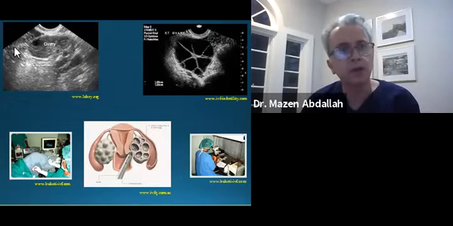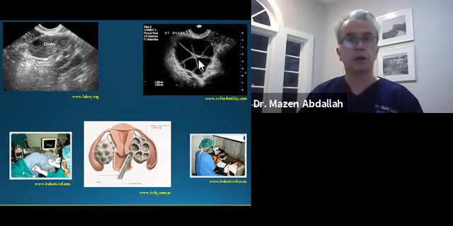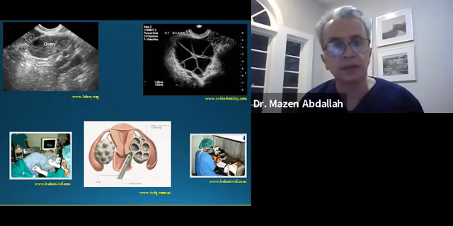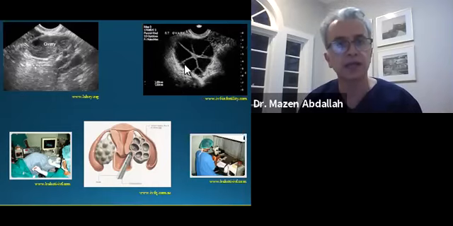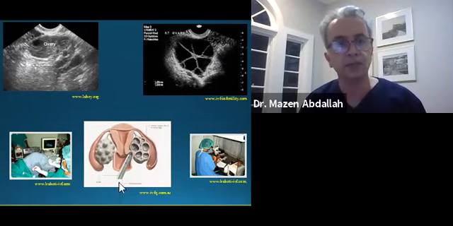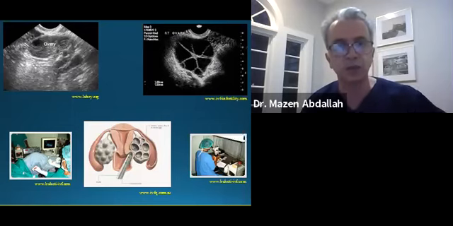We give the woman the hormones that will make her ovaries produce several eggs, and this is monitored. When the follicles reach a certain size, we say it's ready to get the eggs out. We do a procedure under anesthesia, a vaginal ultrasound-guided egg retrieval. We put a needle through the vaginal wall into the ovaries to aspirate the eggs, and the embryologist isolates the eggs as we do that.